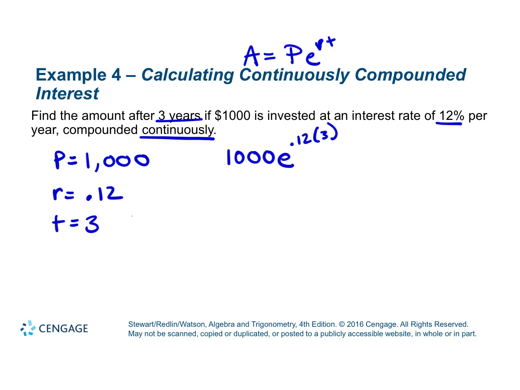So when we put this into the calculator, make sure you follow your order of operations. We have to do the exponent first. So 3 times 0.12 would be 0.36. So we have 1,000 times E to the power of 0.36. So I'm going to do E to the power of 0.36 next.